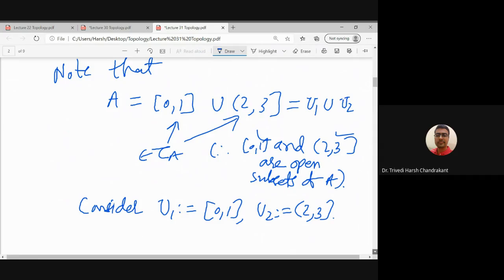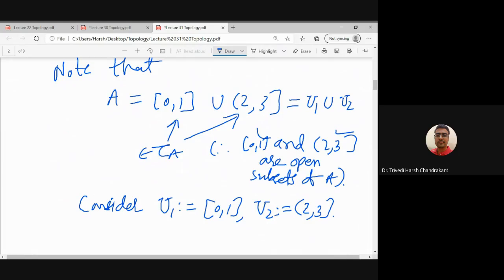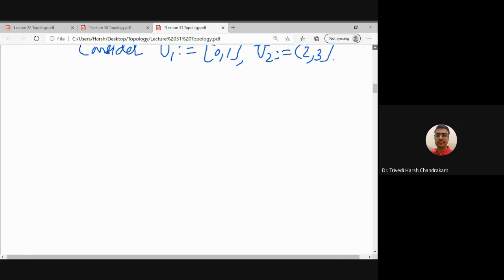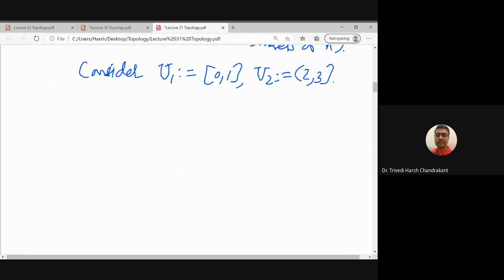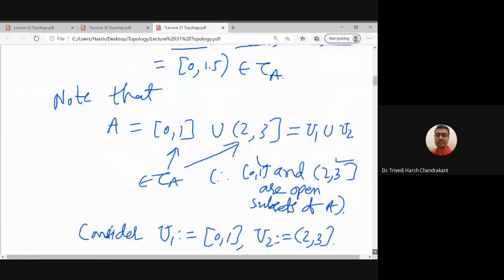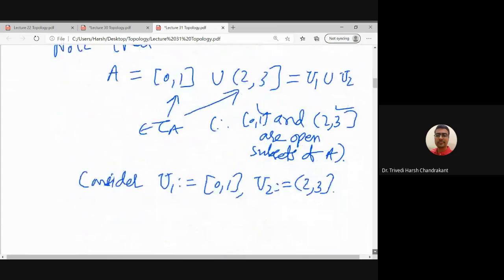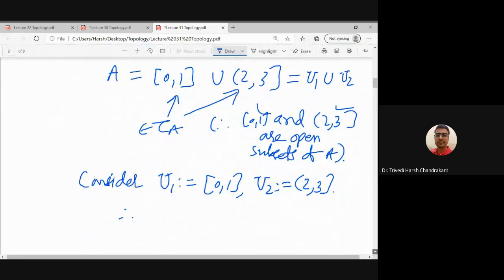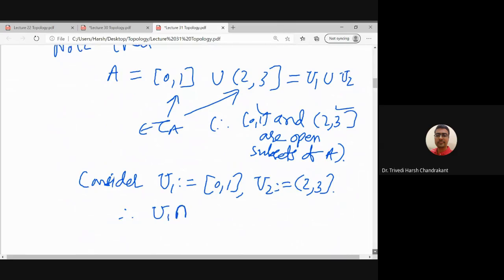And another property we need for a disconnected set is that they are disjoint sets. U1 and u2 are disjoint, which also holds because the intersection of u1 and u2 is the null set.